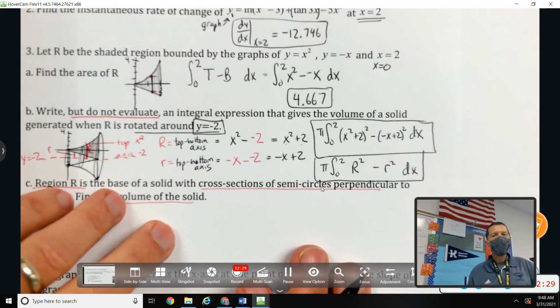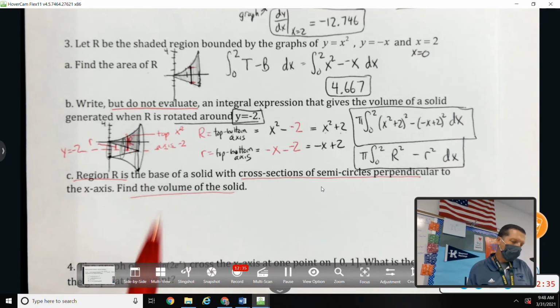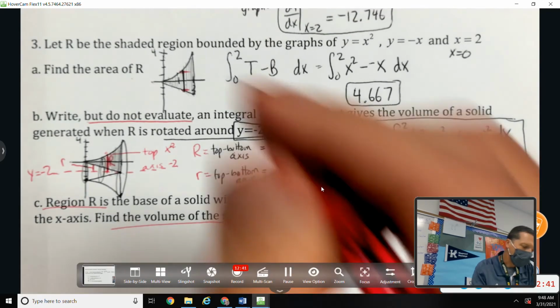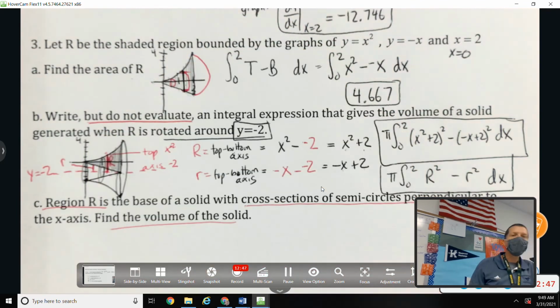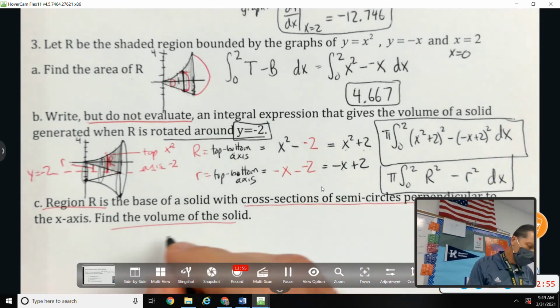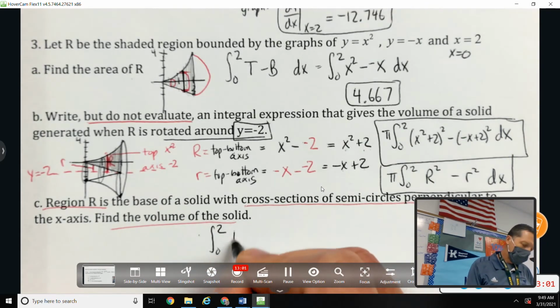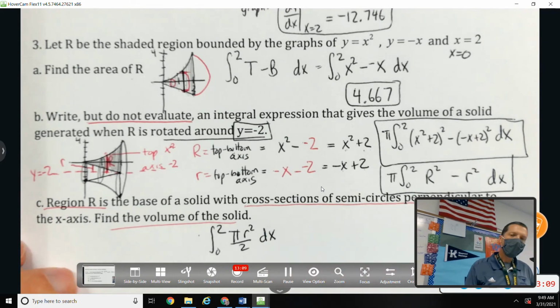All right, part C is building semicircles off of our original base area. I don't think I need to do another picture because I can just visualize the semicircles coming up out of the page off of that initial area. So from 0 to 2, I'm going to add up the pi r squared over 2's. I'm adding up the semicircles.